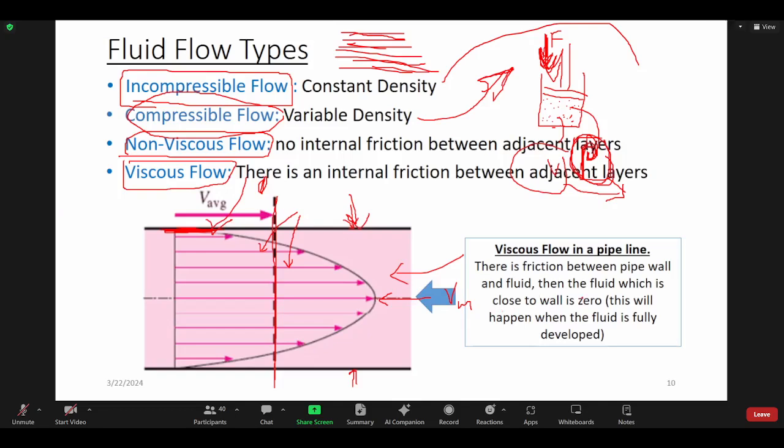There is friction between the pipe wall and fluid, so the velocity is equal to zero in this area due to friction.